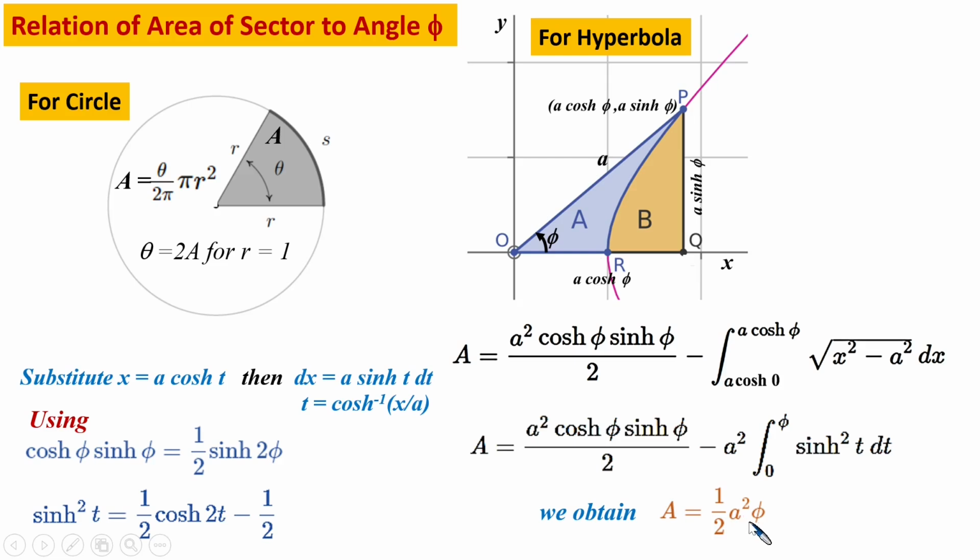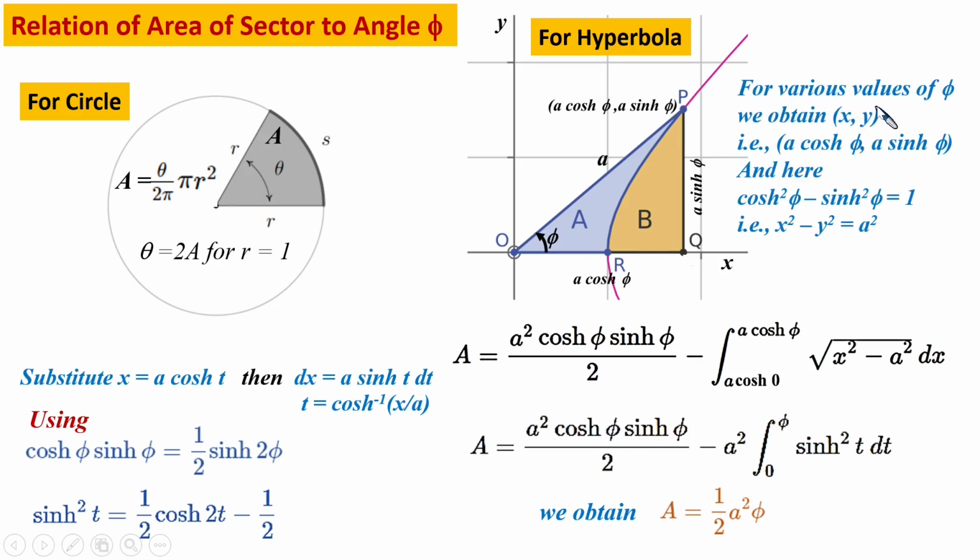So here I say that this angle phi is twice the area, like for the circle the angle theta is twice the area. The angle subtended by this area is half of phi, and here it is theta by 2. So for various values of phi we obtain x and y, that is x is a cos hyperbolic phi and y is a sin hyperbolic phi.